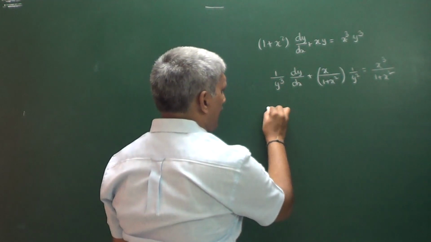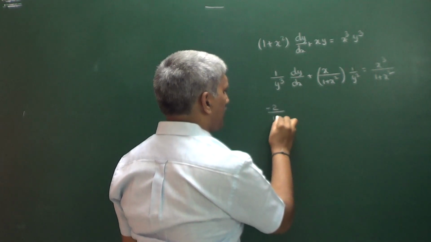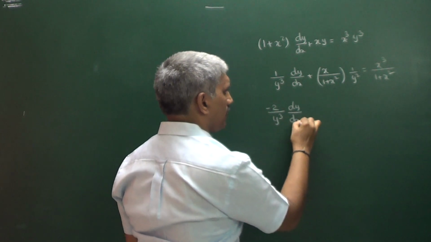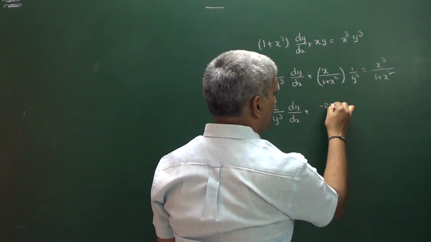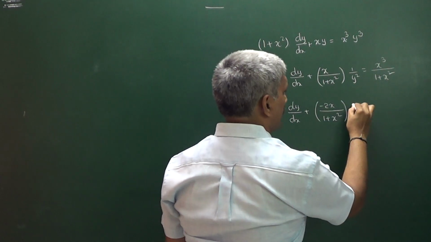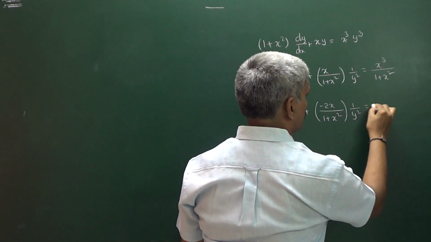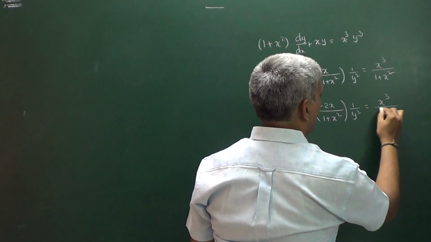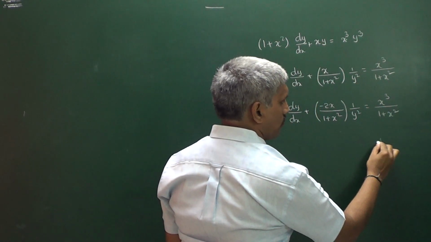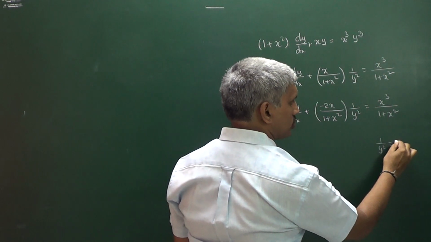Now again what I am doing is minus 2 by y cube into dy by dx plus minus 2x divided by (1 plus x square) into 1 by y square is equals to x cube divided by (1 plus x square). Now we have to take the substitution as 1 by y square is equals to z.